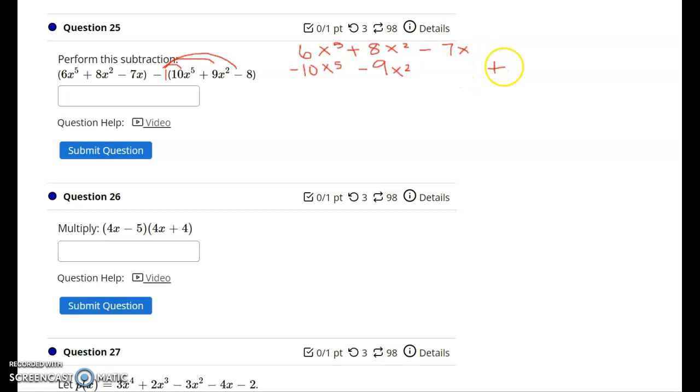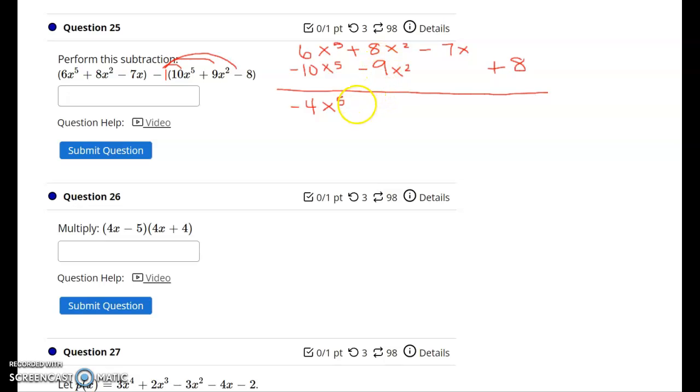And I'm going to put this over here just so I don't accidentally add the negative 6x and 8, since I know I can't because they're not like terms. So let's go ahead and do that. So 6 minus 10, we're going to get a negative 4. Remember, we're just counting up to the x to the 5th. So if we have 6x to the 5th, we minus 10x to the 5th, we'll have negative 4x to the 5th.